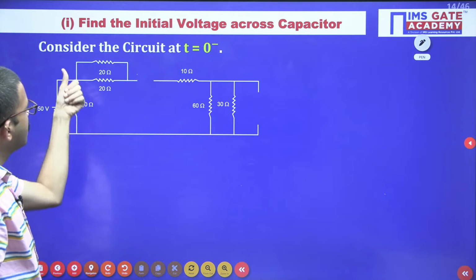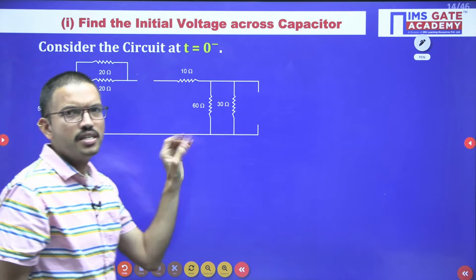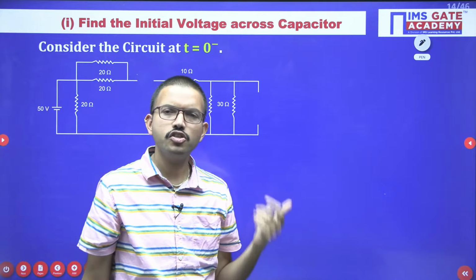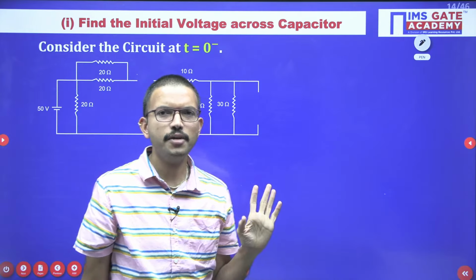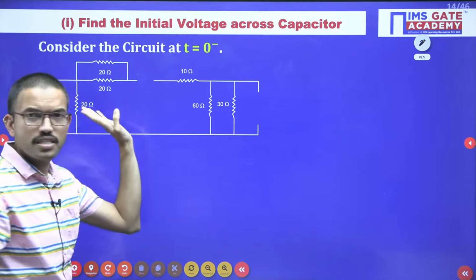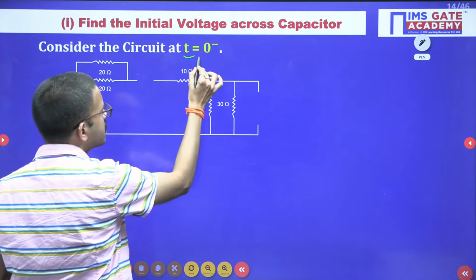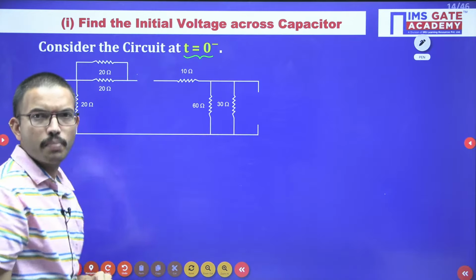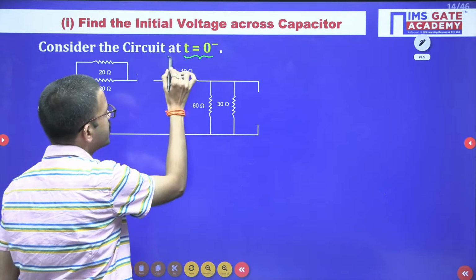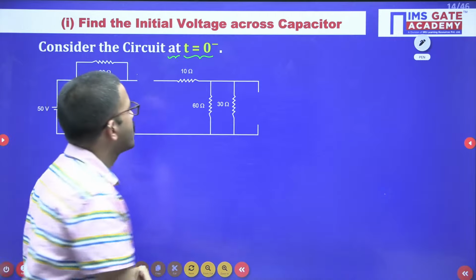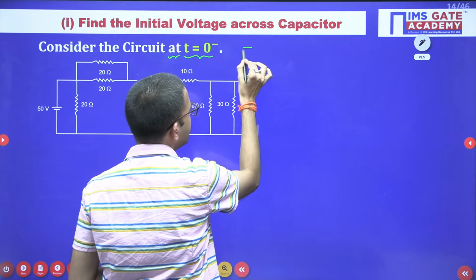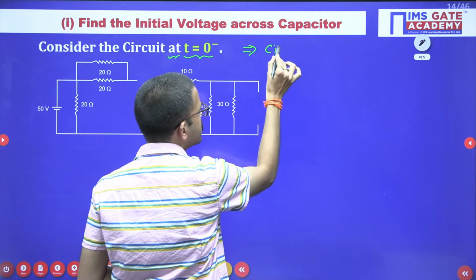Whatever parameter or values they are going to ask in a transient question, first of all you have to consider the circuit diagram at t equal to 0 minus. Here at t equal to 0 minus, the circuit is in steady state.